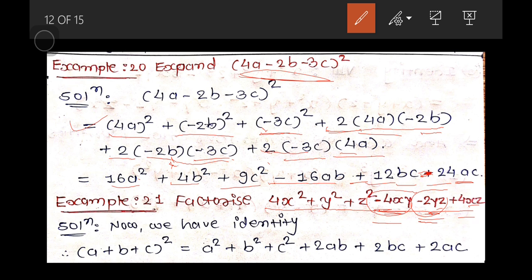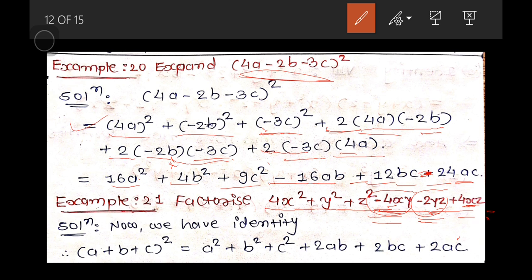And if the fourth and sixth terms have a minus sign, then you can see that x is the common term, so we give a minus sign to the x variable.